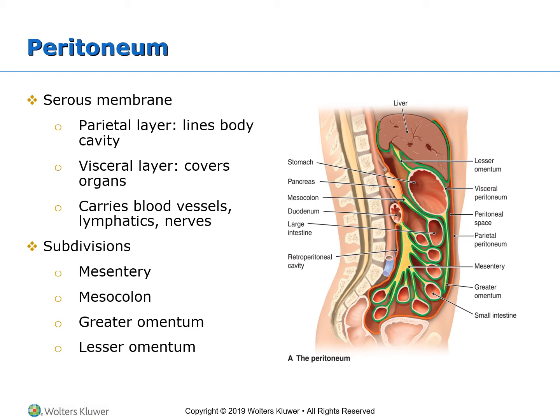So it's attached to the posterior abdominal wall and fans itself out along its long edge, and will be attached to the small bowel. And between the two membranous layers in the yellow area that you see in your picture, there will be the mesenteric vessels and nerves that will supply the intestine.